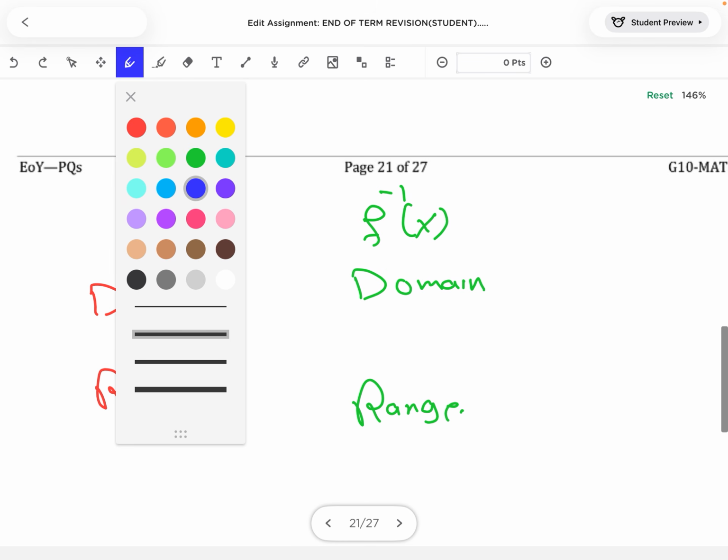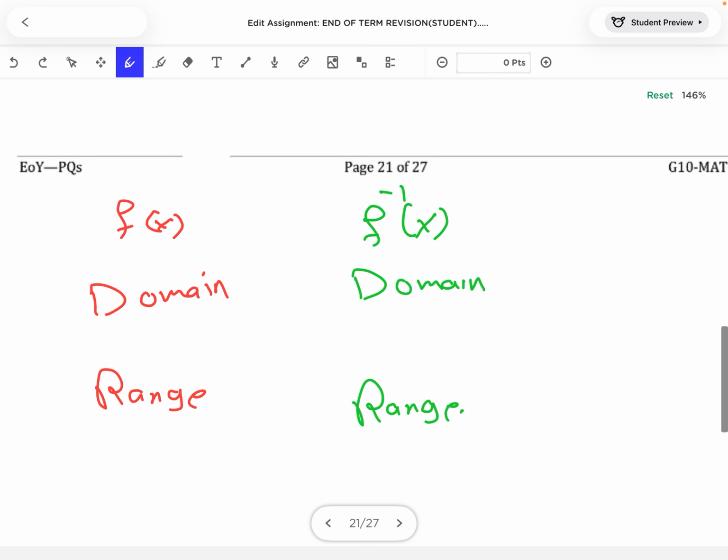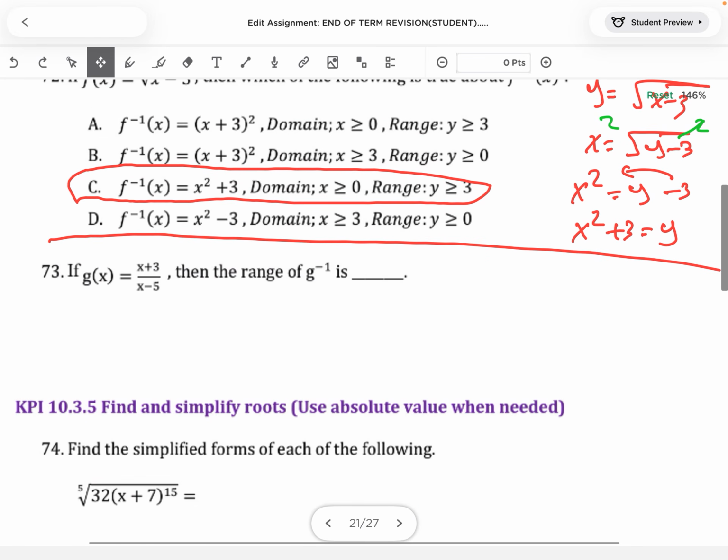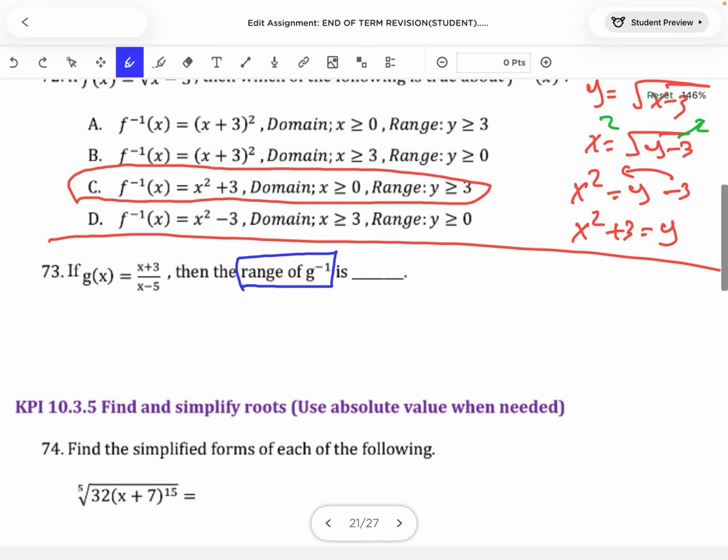But the idea is the domain of the function is the same as the range of the inverse, where the range of the function equals the domain of the inverse. And they are vice versa. The question here is asking me to find the range of the inverse. That means they need the domain of the original function, which is this one. G, sorry, this is G.